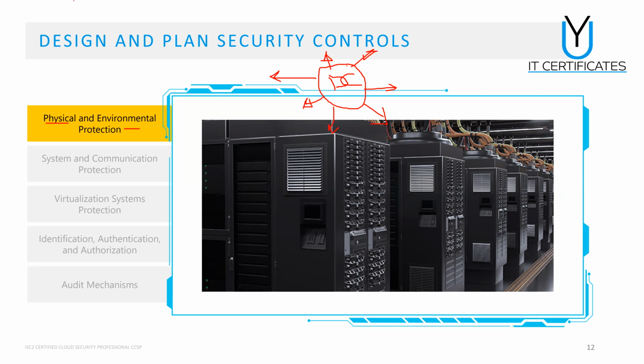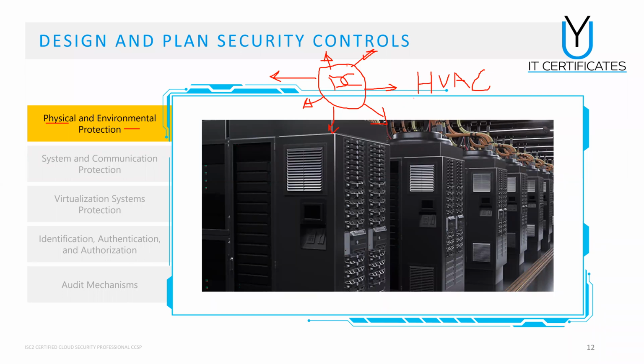For the environment protection, mainly it will be highlighted as HVAC: humidity, voltage and AC. This is a protection for the AC and the humidity control.